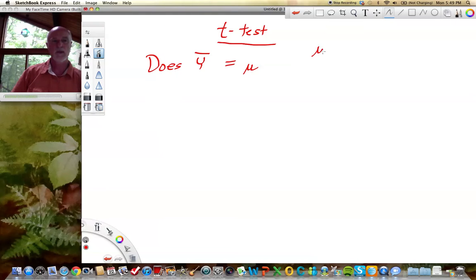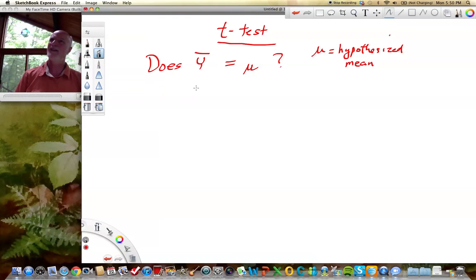So mu is a hypothesized mean. And so we're asking, does a particular mean that we calculated for a group of individuals equal some predetermined value?